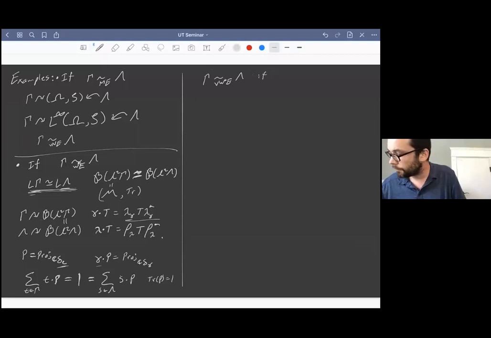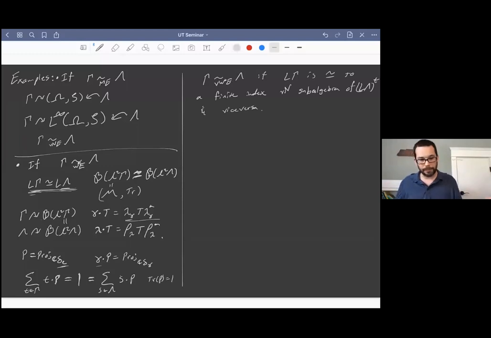And that's if L gamma is isomorphic to a finite index von Neumann subalgebra of some amplification of L lambda and vice versa. So actually this allows for amplifications and passing to a finite index. So this is maybe a bit more directly analogous to measure equivalence.